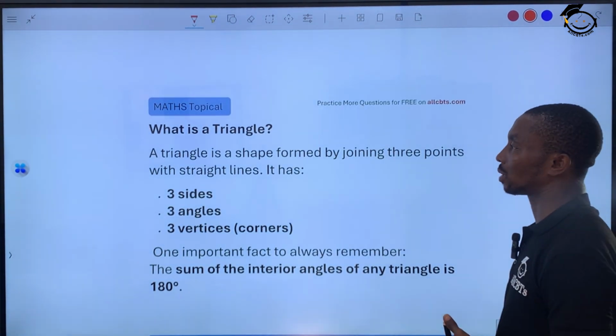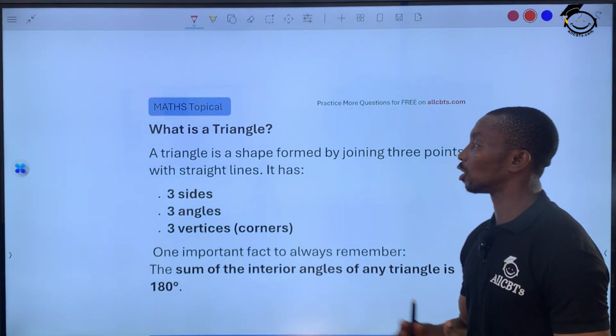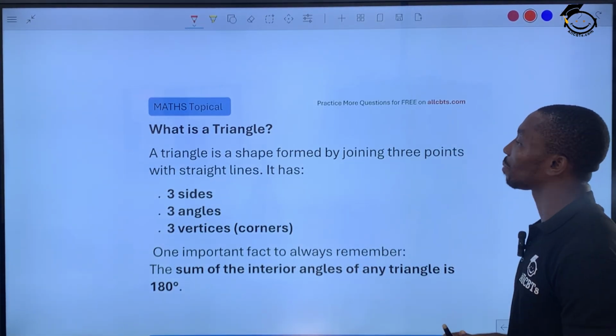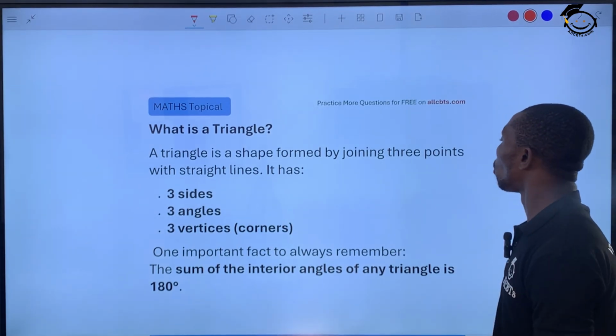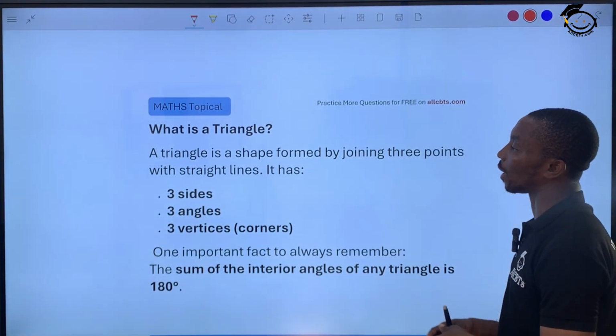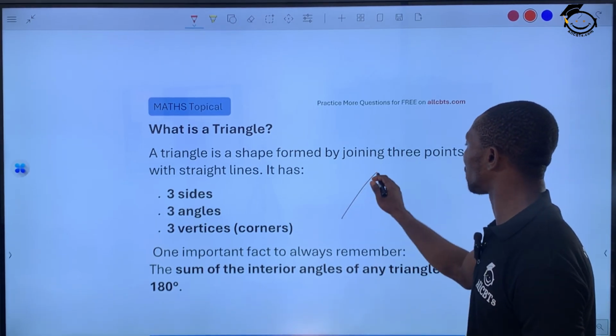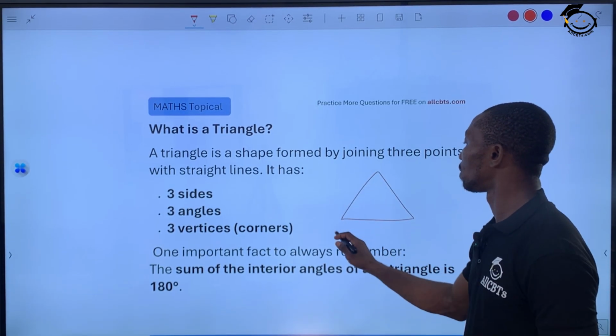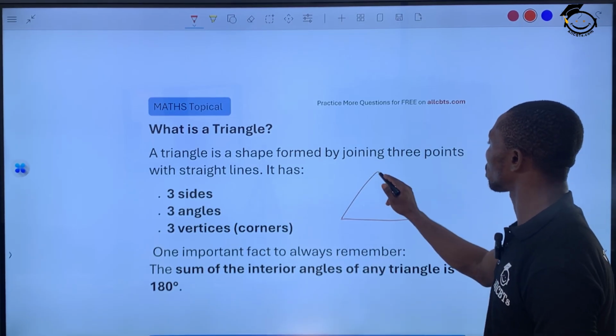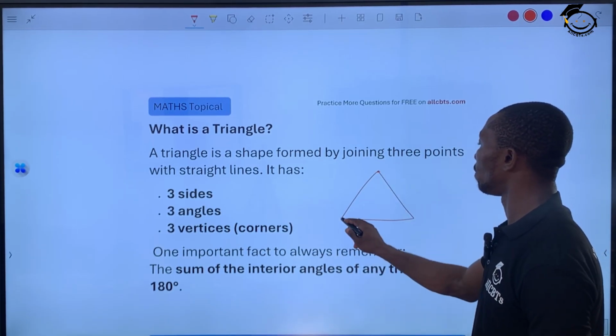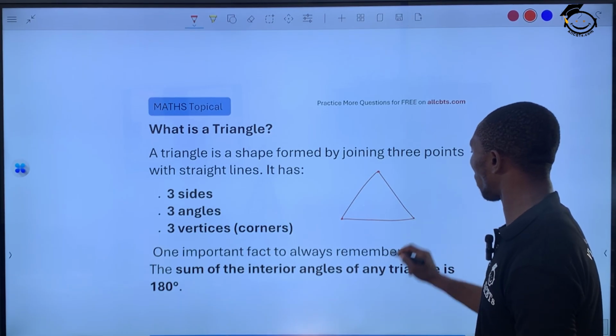Now, what is a triangle? A triangle is a shape formed by joining three points with straight lines. Okay, it has three vertices. This is vertex 1, vertex 2, and vertex 3.